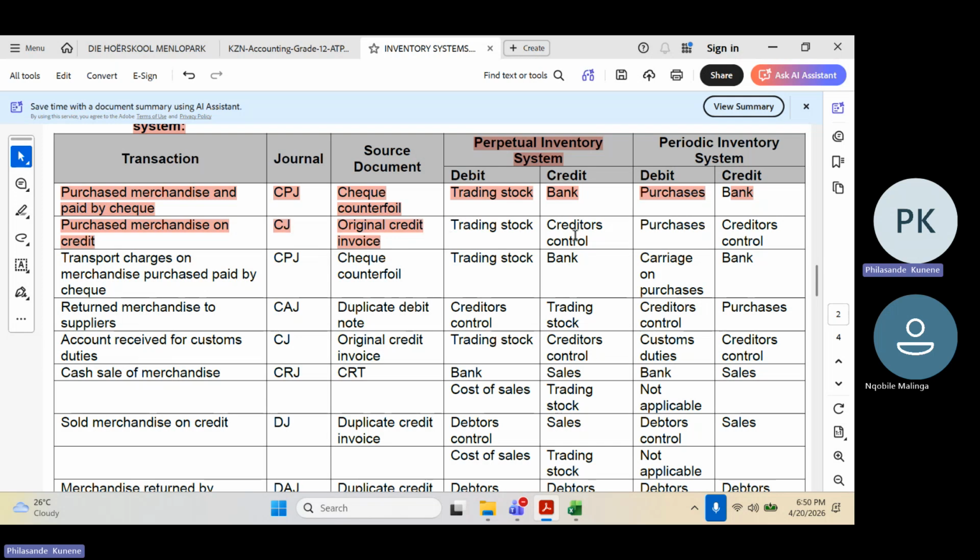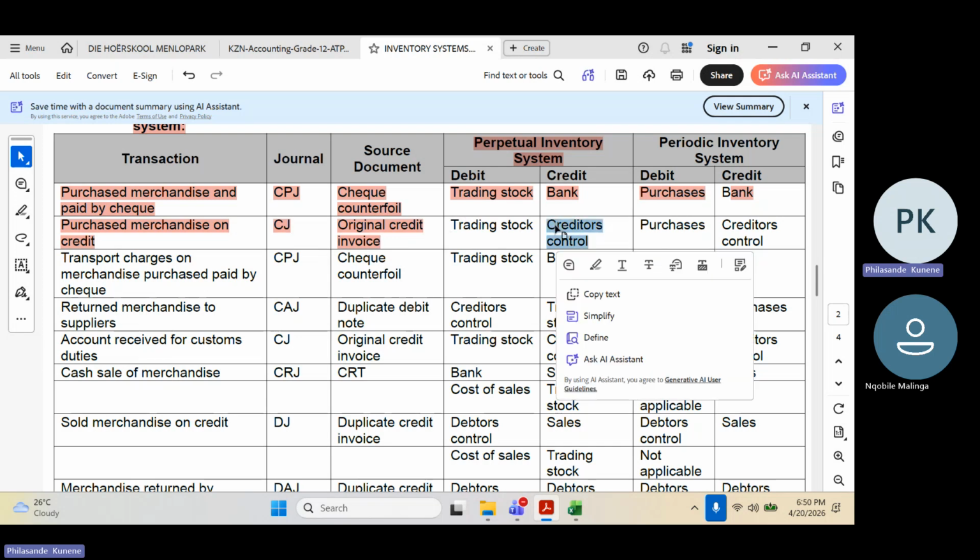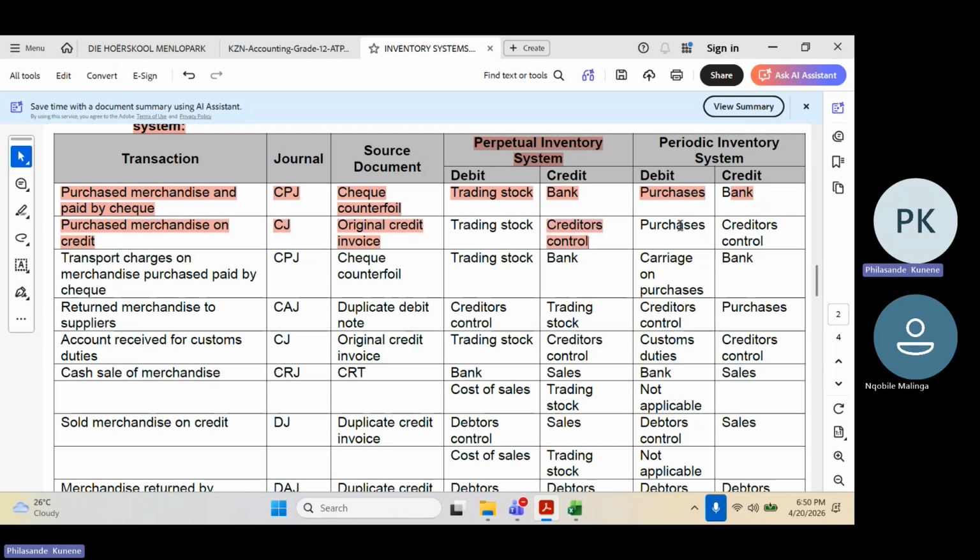Then you debit trading stock, you credit what? Credit creditors control because you're buying on credit. And then you debit purchases and then you credit what? Credit creditors control. So the only thing that is changing is bank, because other than that, everything is still the same because we're no longer buying for cash now. So that is the difference.